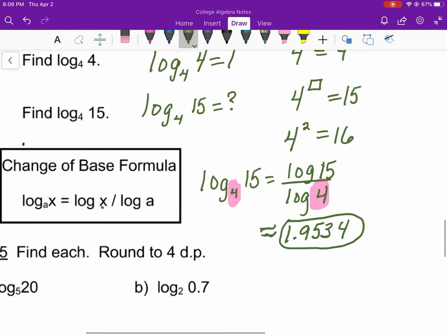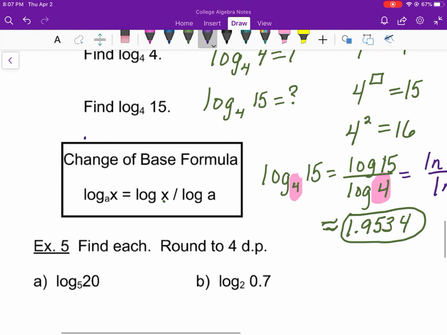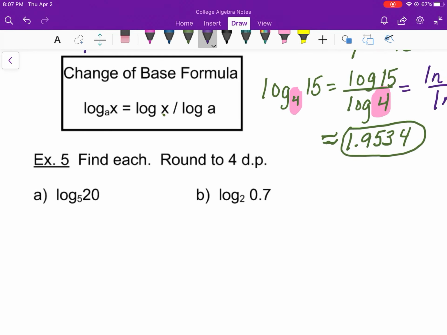Another thing you can look at here, this would also work if you did the ln of 15 over the ln of 4. So it works with logs or natural logs as long as you use the same one. And so we're just going to practice that here.